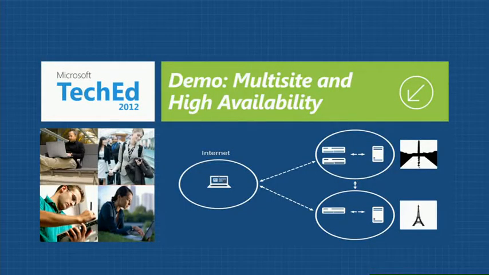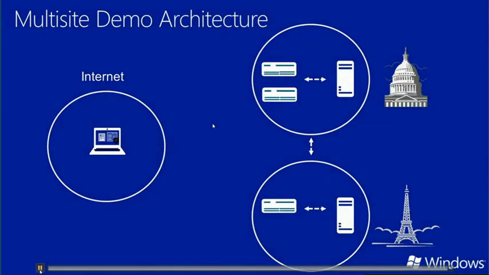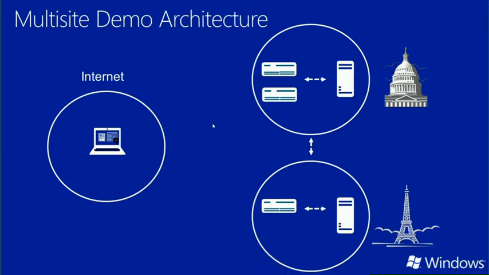Right. So I'm now going to show you a demo on multi-site and high availability. Before we get started, let me just give you a quick setup on the demo environment here. In this environment, I've got a client on the internet.